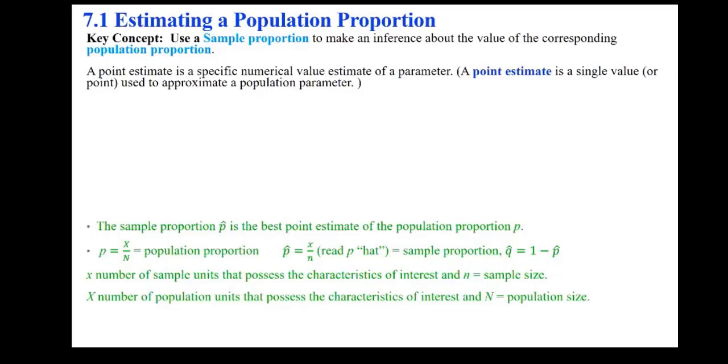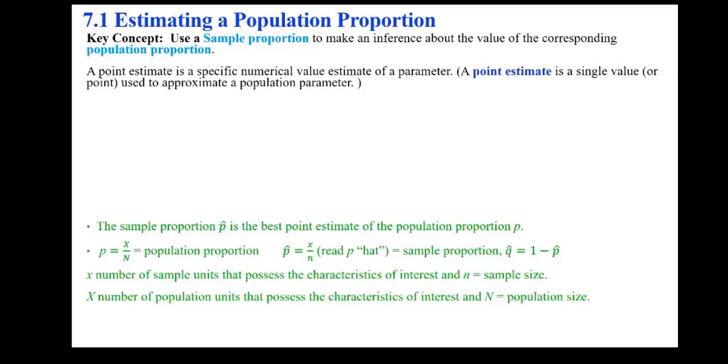P hat is equal to X over little n, the sample proportion. Q hat is equal to 1 minus P hat. X is the number of sample units that possess the characteristic of interest, and n is the sample size. In the population case, X is the number of population units that possess the characteristic of interest, and N is the population size.